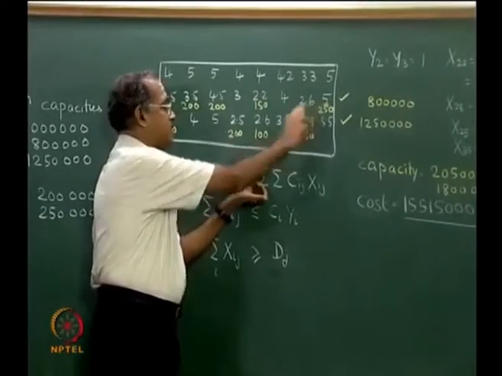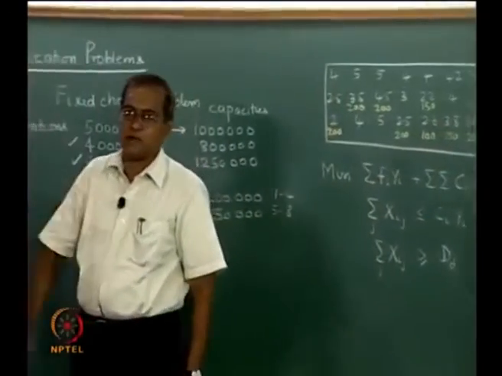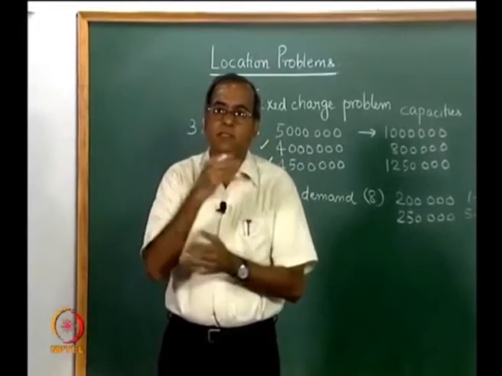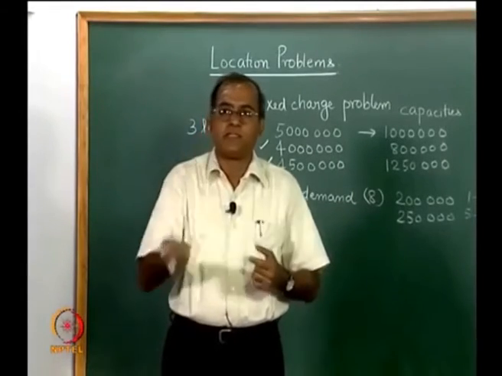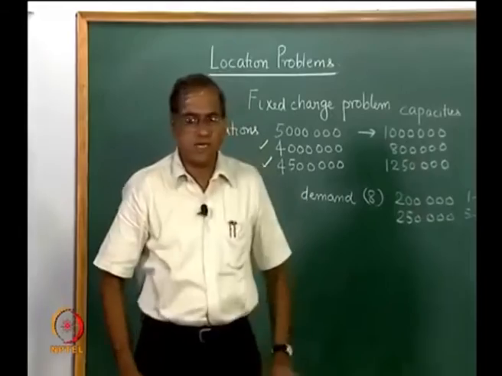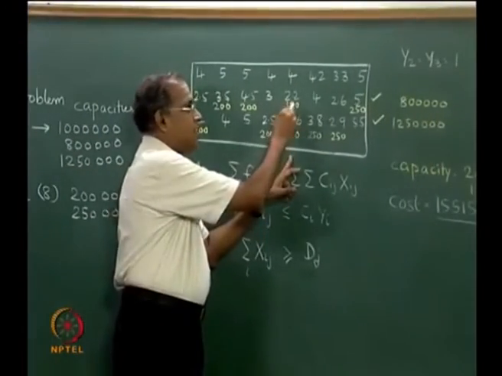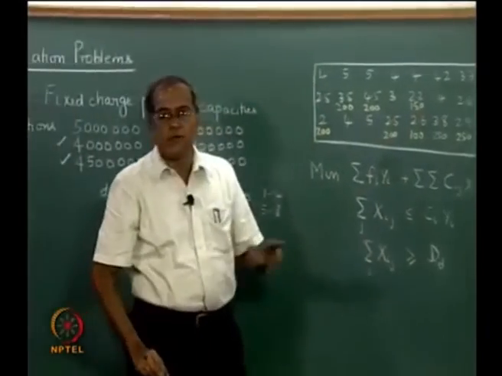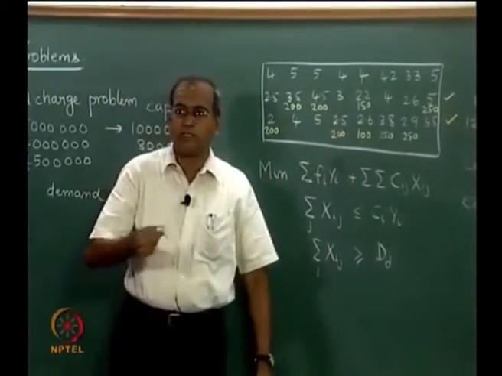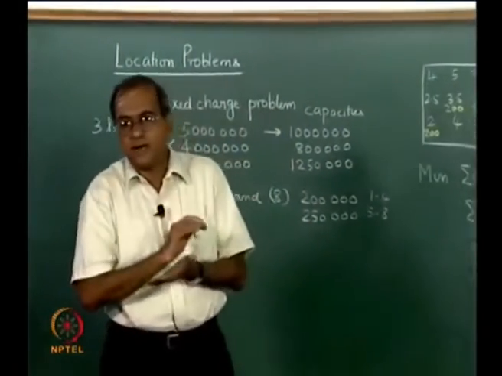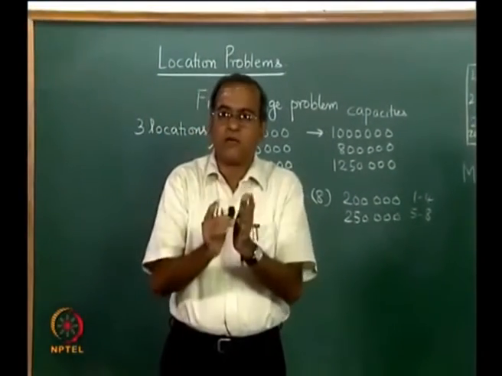Otherwise 6, 7, 8, 7 out of the 8 demand points, the demands are met from supply from only one facility and not from 2, except demand point 5, which gets 150 from location 2 and 100 from location 3.